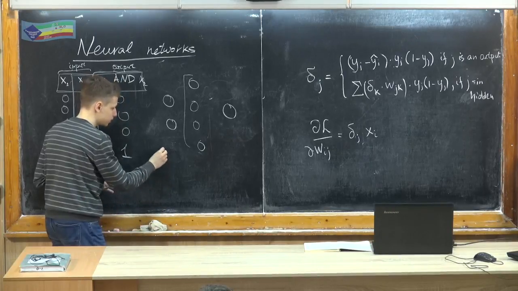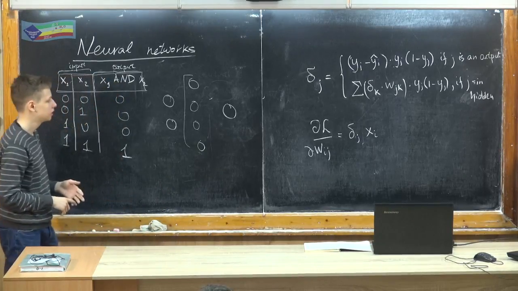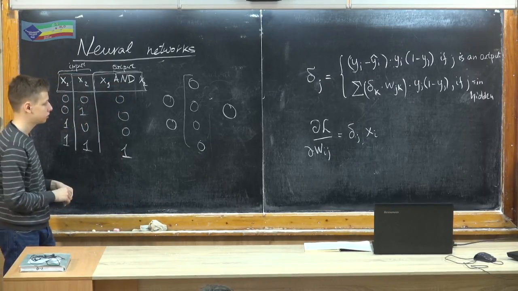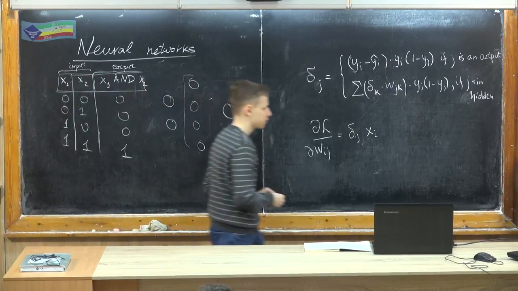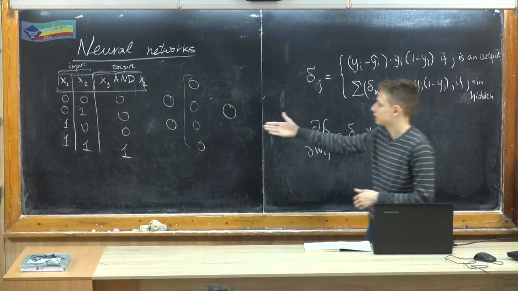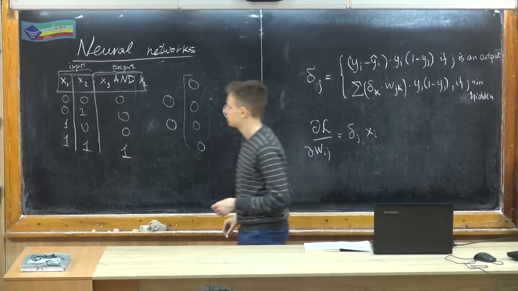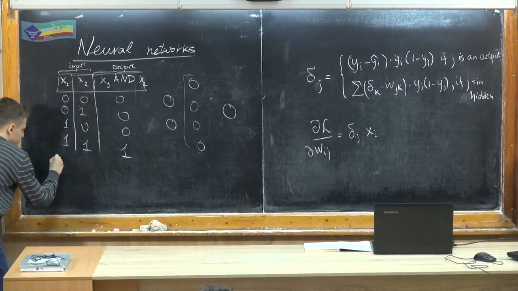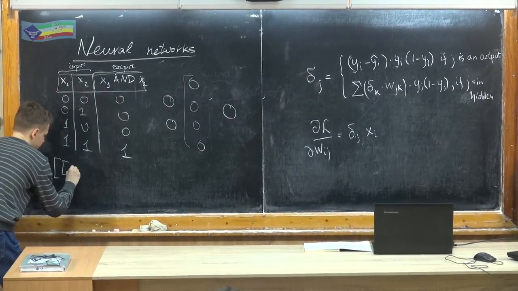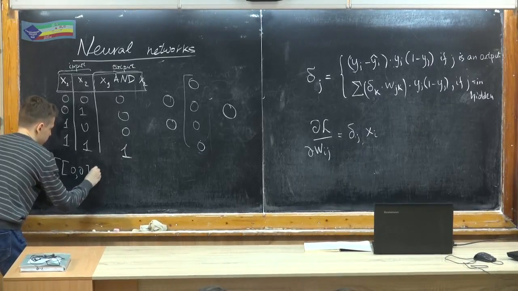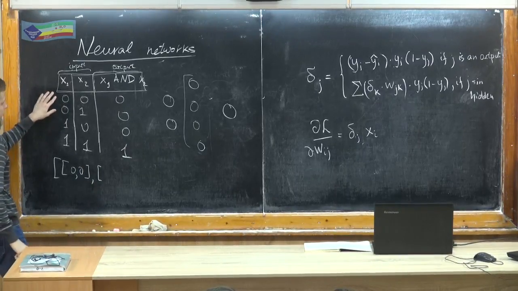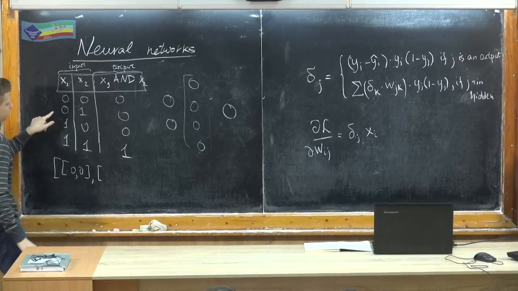But right now you can go with as many hidden neurons as you want, and then you can construct a neural net using the class NeuralNet and train it using this data. And this data will be presented in such a way. So first we have X data, and this will be a list of lists, a list of X points.